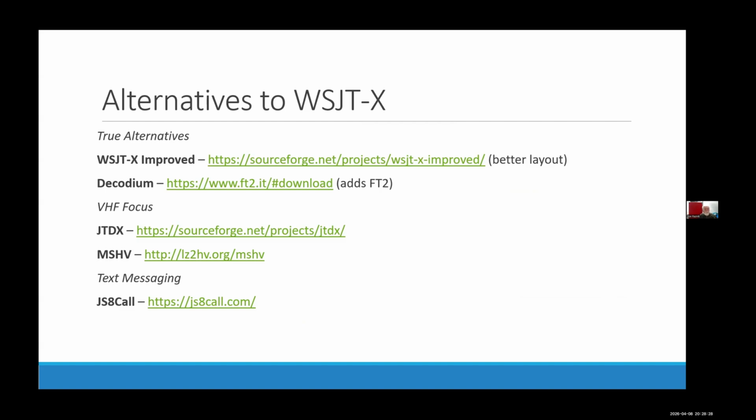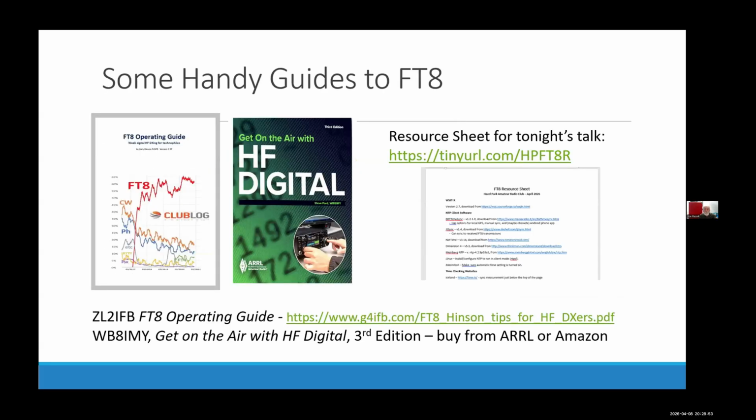The next two are sort of parallel development to WSJT that emphasize the VHF modes, the scatter modes, moon bounce, and so forth. There's also a program called JS8Call, and it uses FT8 signaling to send text messages very, very slowly. So those things are out there.